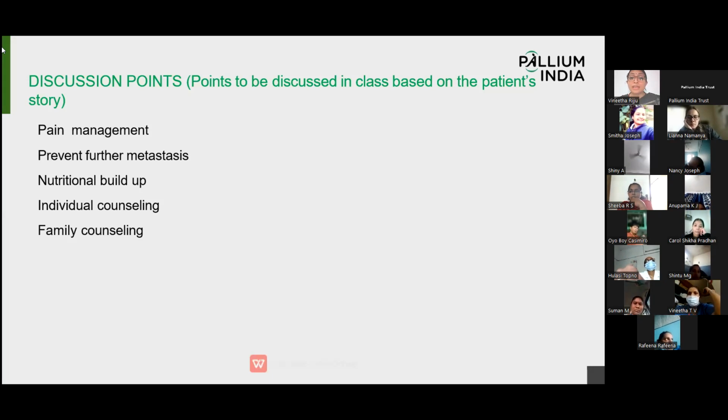The financial expenses, yes, the family is the caregiver. Kanchan also talked about the financial expenses. If they do not have the financial means for the treatment, we have to connect them to organizations, NGOs, where they can get help.